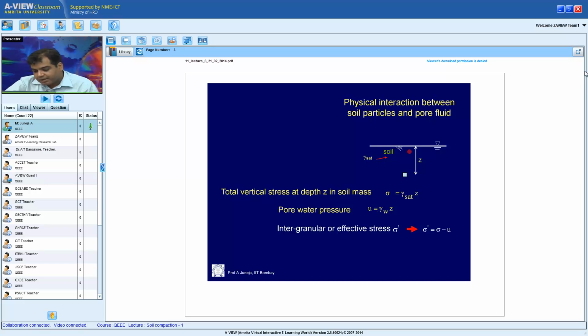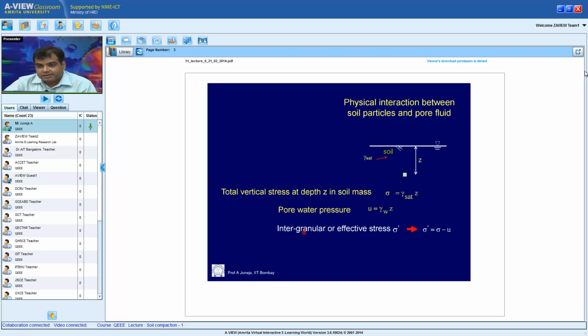Following the same analogy, it is given by the unit weight of water times the depth z, so gamma W times z. The difference between the two, total stress minus pore water pressure, is by definition our effective stress.